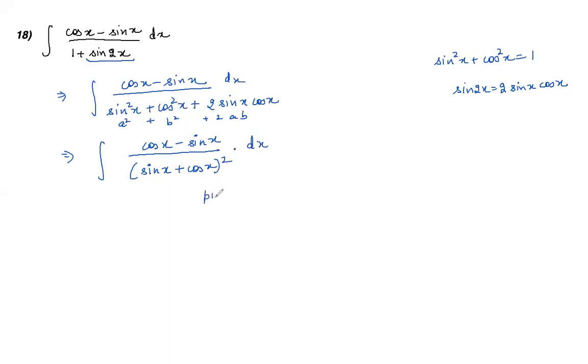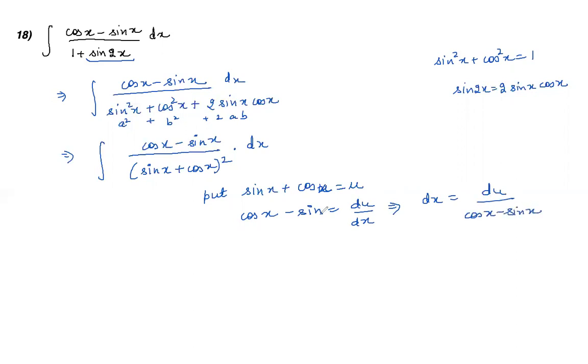Now I'll put sin x plus cos x is equals to u. Now I'll differentiate both the sides to get the value of dx. So sin x will give me cos x and cos x will give me minus sin x is equals to du upon dx. It implies the value of dx here is du upon cos x minus sin x.